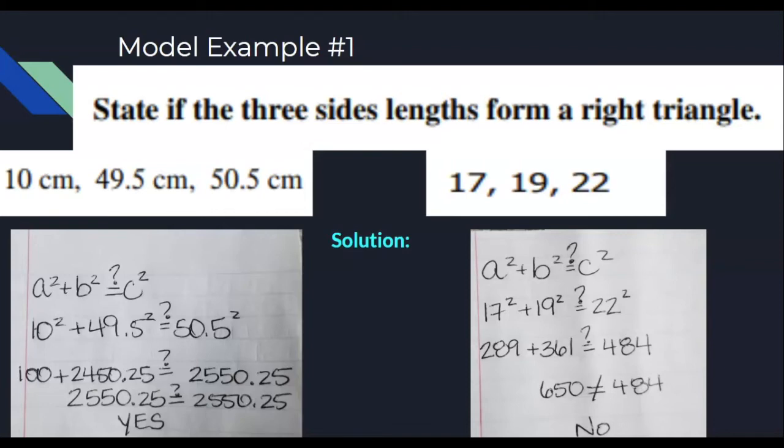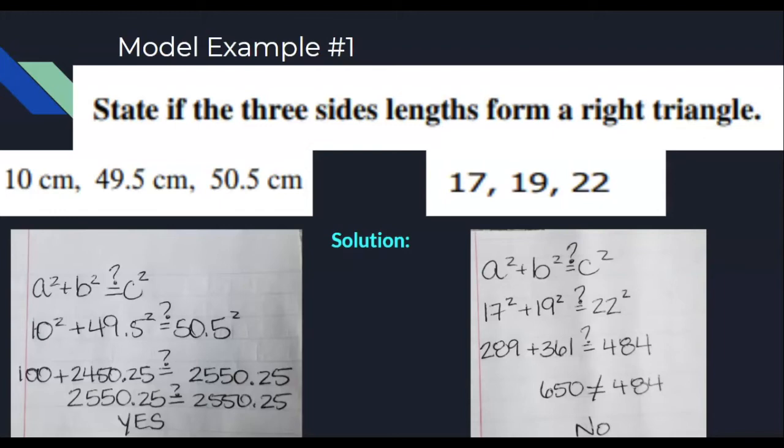So I continue simplifying the left side. And I get 100 plus 2,450.25. I add those up, I get 2,550.25, which is equal to the right side. So the answer is yes. These three lengths form a right triangle.